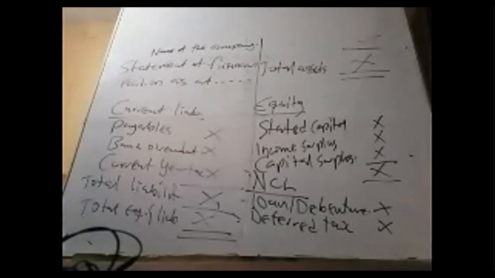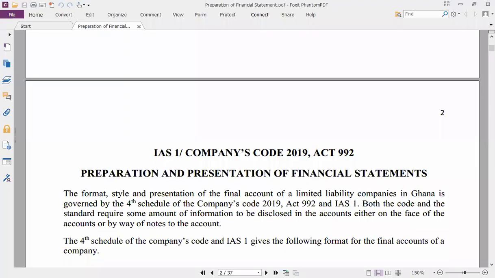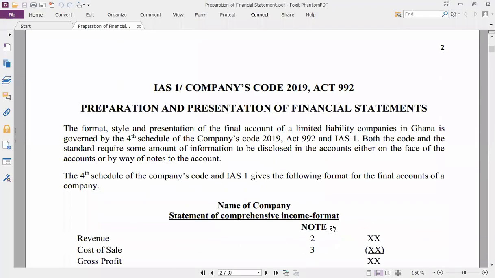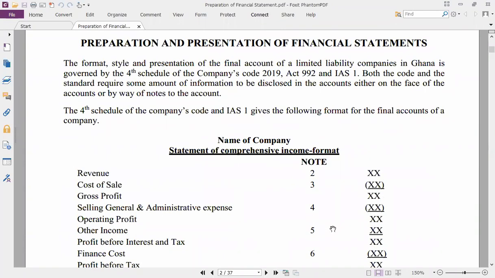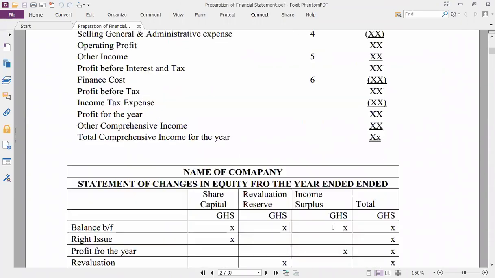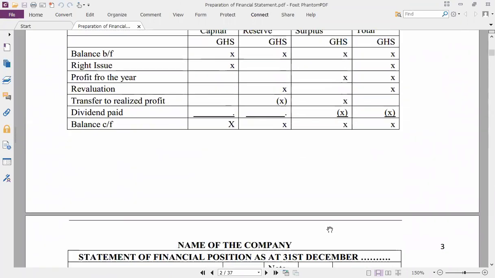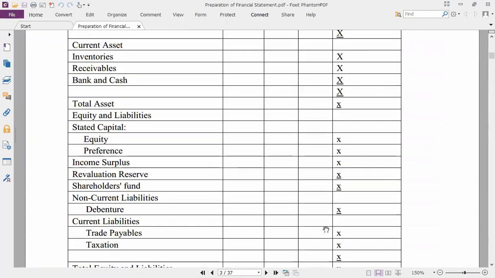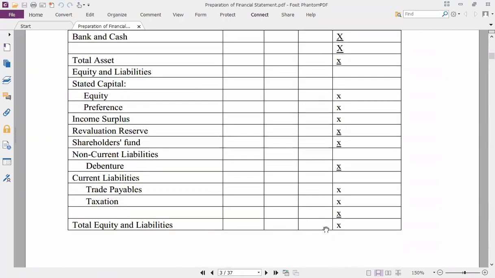Good. So let's see it again. Okay, we are going to pick our first illustration without any footnotes. And right after that particular one, then we now tackle the footnotes one after the other.